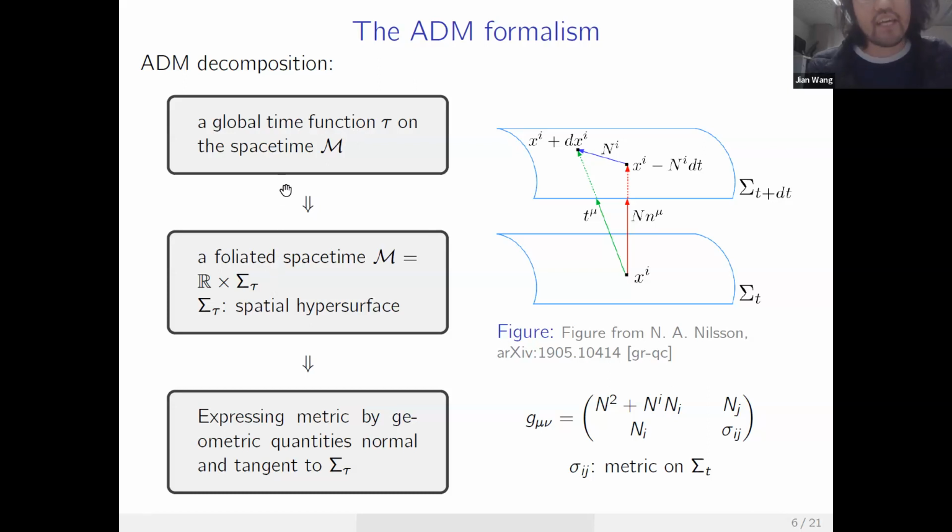First, we introduce a global time function on the spacetime M. This global time function introduces a family of spatial hypersurfaces, and these spatial hypersurfaces foliate the spacetime.